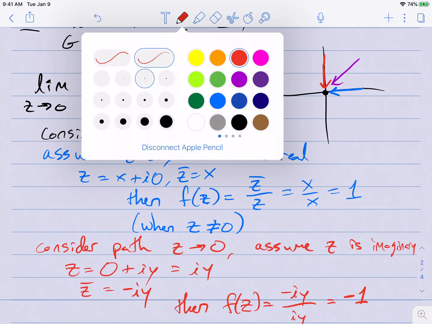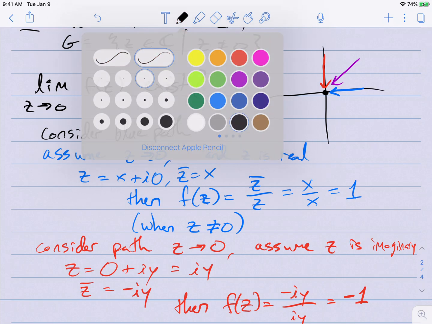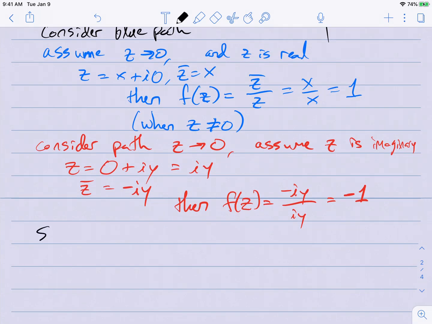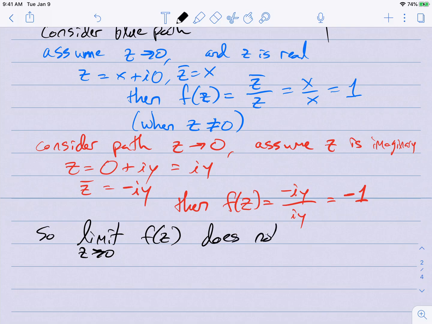And what that means is that the limit doesn't exist. Because there are some paths where I get 1, there are some paths where I get minus 1, and so there's no well-defined limit. Does not exist.